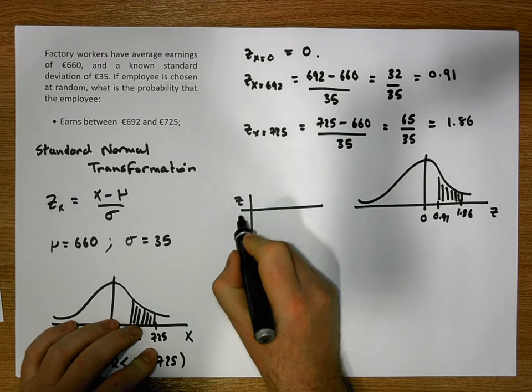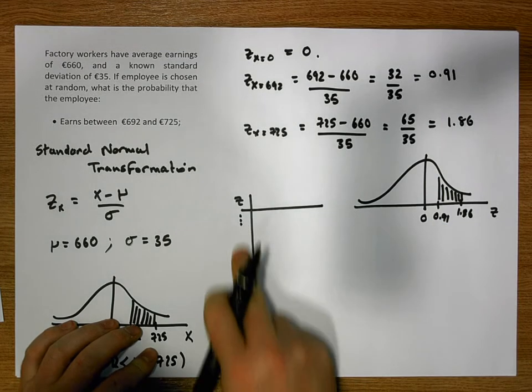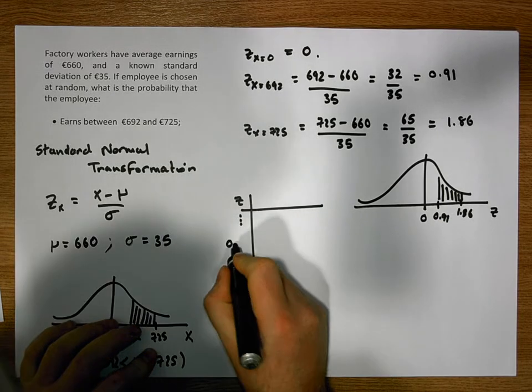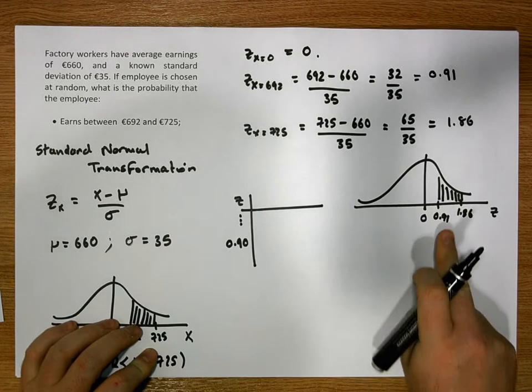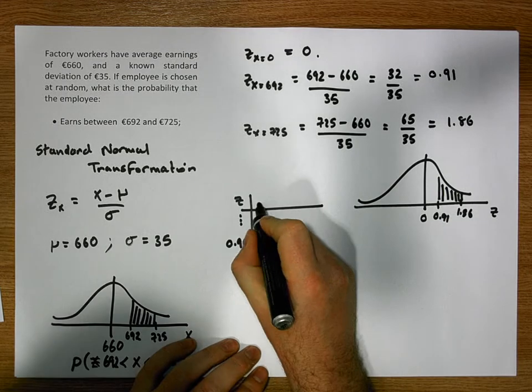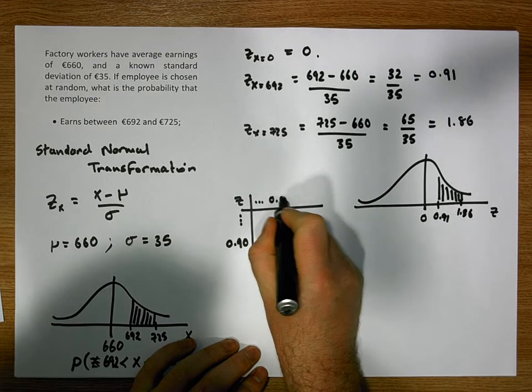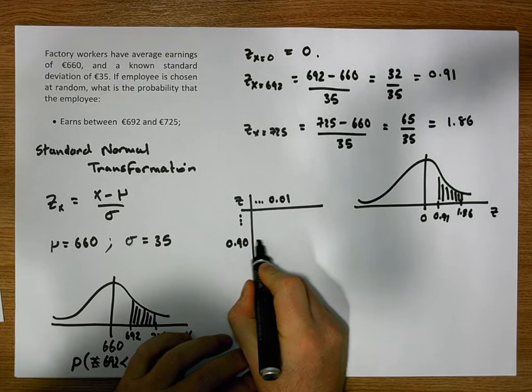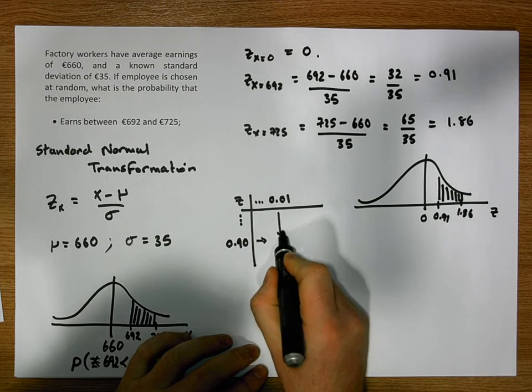We know that the first significant digit and the first decimal digit are listed down the first column. So we're looking for 0.90. And the second decimal digit is 1, so we're going to come across to 0.01. We're looking for this value here on our tables.